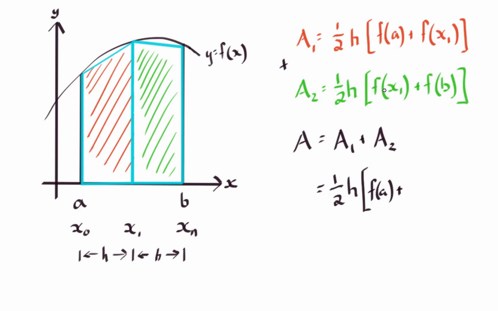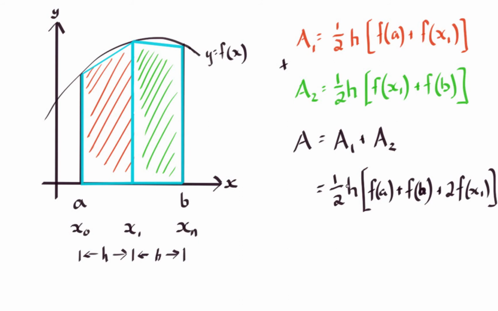So we're going to have two lots of f of x1, and that makes sense, right? This middle line belongs to both the first and the second trapezium. So we're going to have one lot of f of a and one lot of f of b, and two lots of f of x1 when we add this red line with this green line.